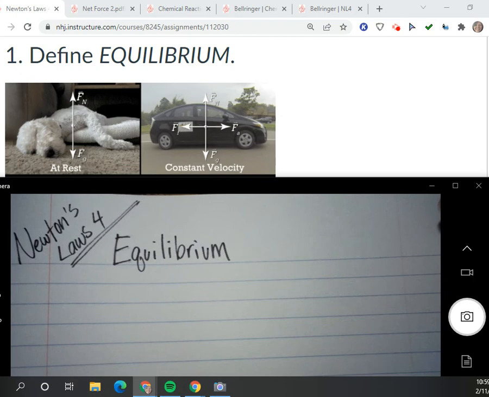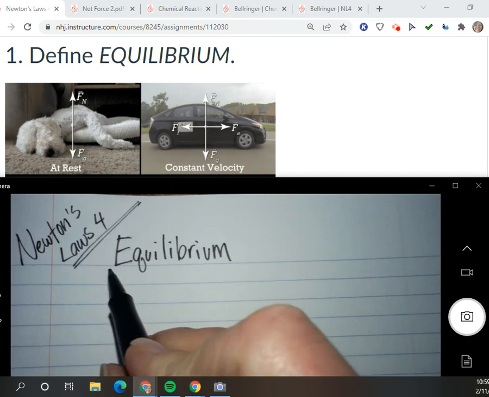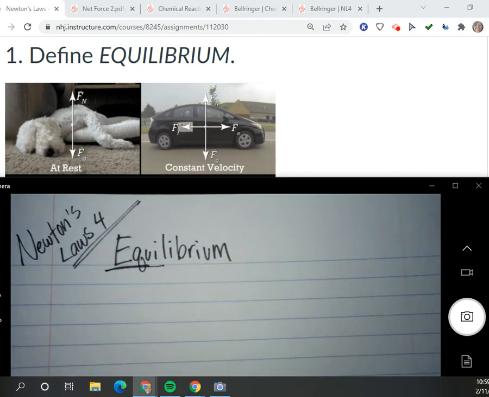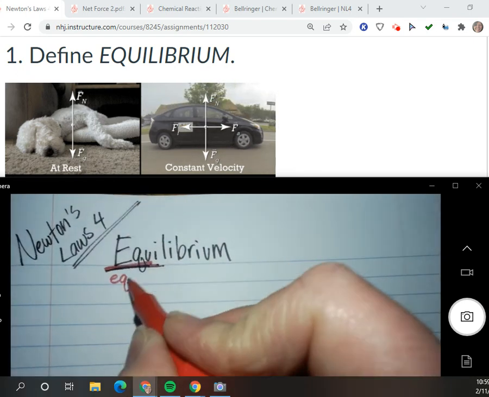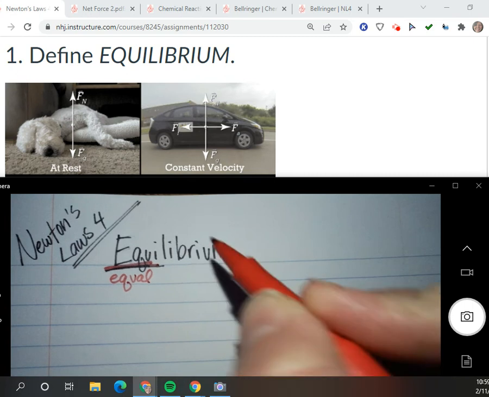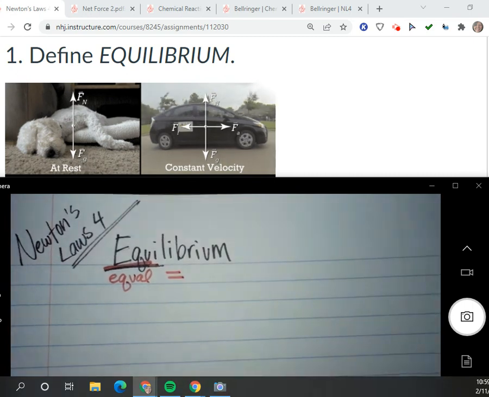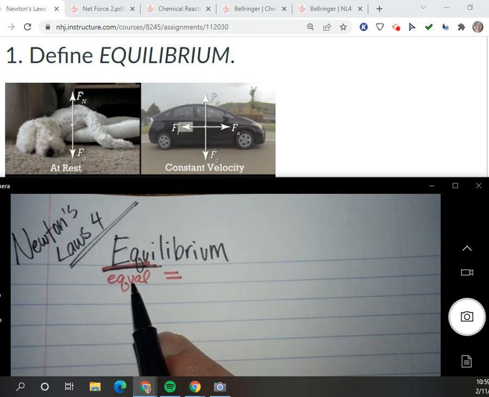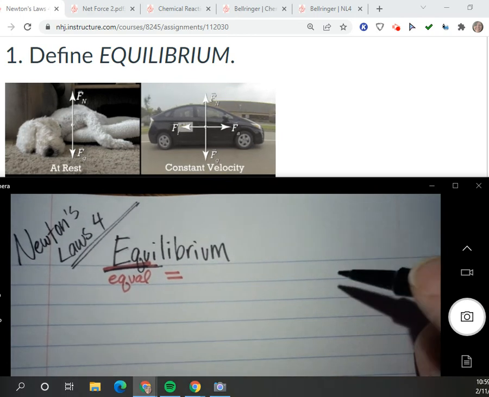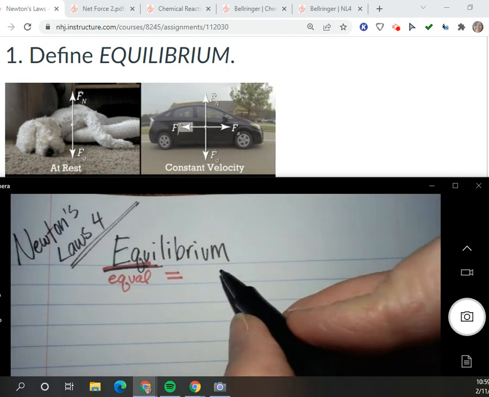So equilibrium. What does this part of the word sound like? Equal. Okay. So equal. This tells us a lot about the word that we're dealing with today. When an object is in equilibrium, it has equal forces.